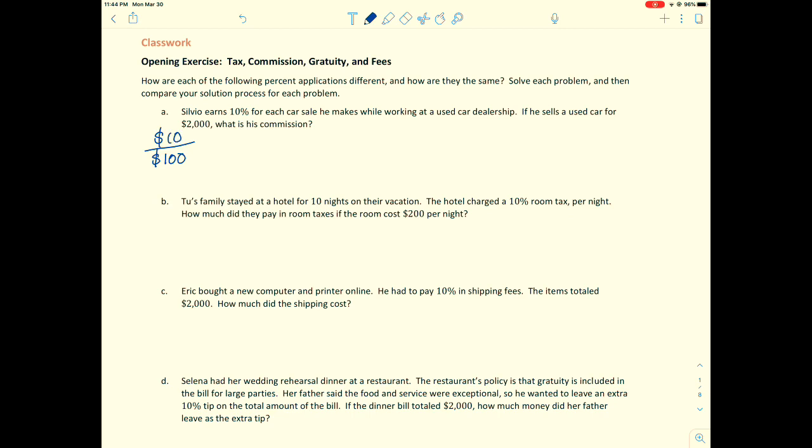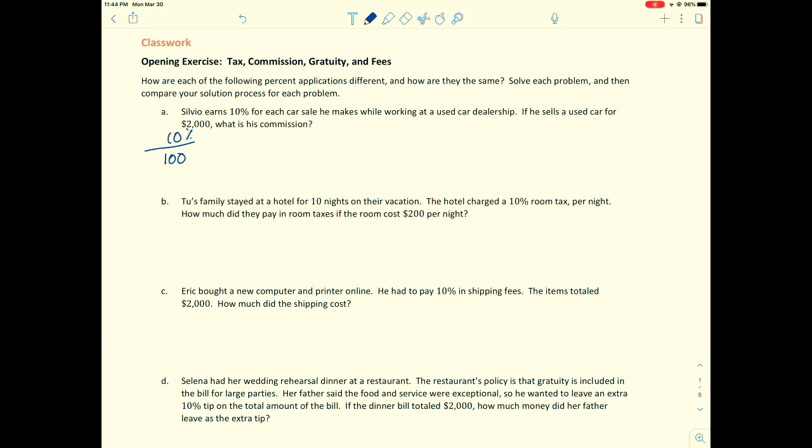But it's not $100, so I'm going to change it into percent. So 10% for every $100. But his used car is sold for $2,000.